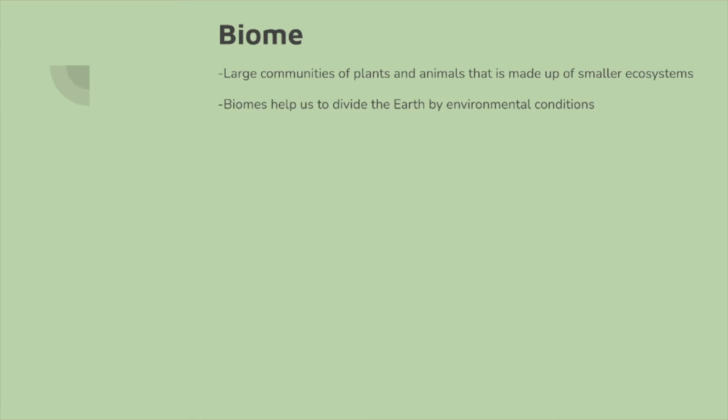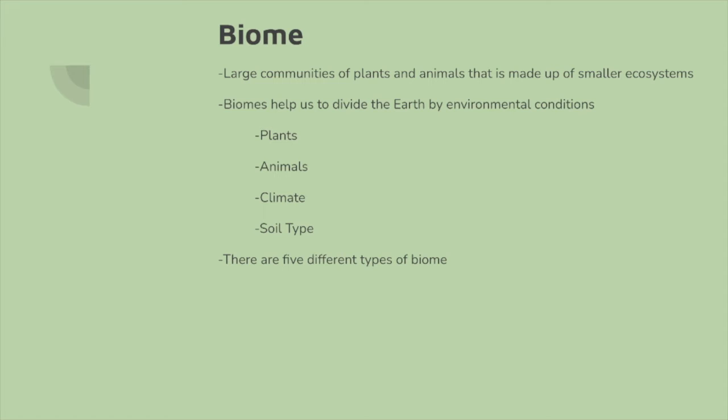Okay, so now we're going to talk about biomes. A biome is just one step bigger than an ecosystem. It is a large community of plants and animals that's made up of smaller ecosystems. They help us to divide the earth by environmental conditions. Those conditions can be what types of plants will grow there, what types of animals live there, the climate or the weather patterns, and the soil type.